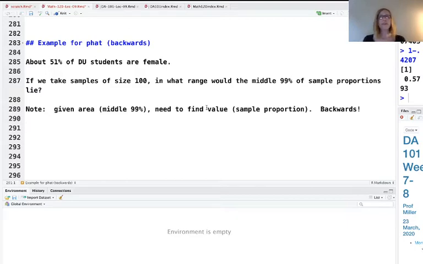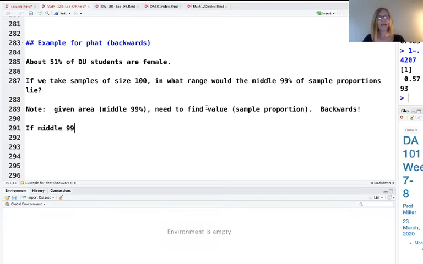And it works like all the other backwards problems that we did. Let's imagine, sorry, I don't have a whiteboard, so we're imagining my face is a normal curve. My head is in the middle of the curve, and the two tails are on the outside. So if we're talking about the middle 99% of it, that means the two tails together have to have the other 1%. But we've got to cut those in half. So that's 0.5%.